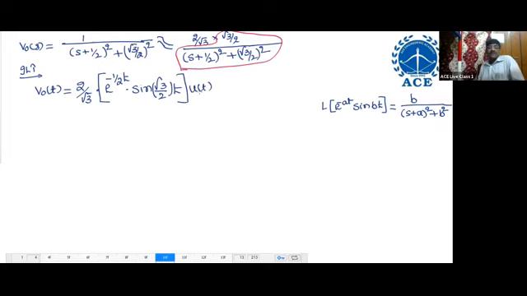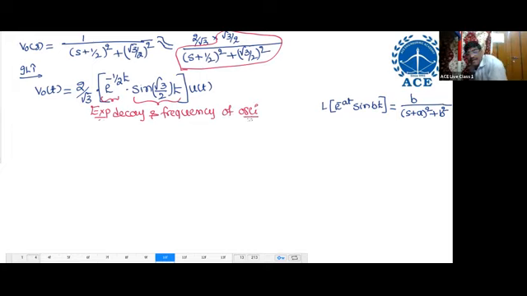This is the response. This is exponential decay, and this is oscillation. This response is called exponential decay and frequency of oscillations.